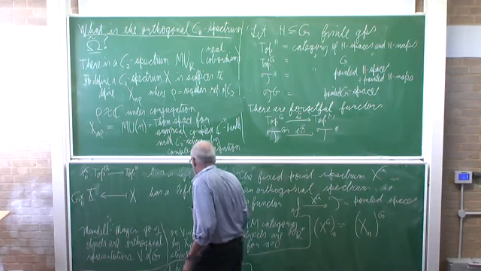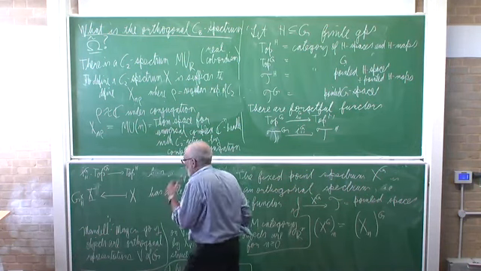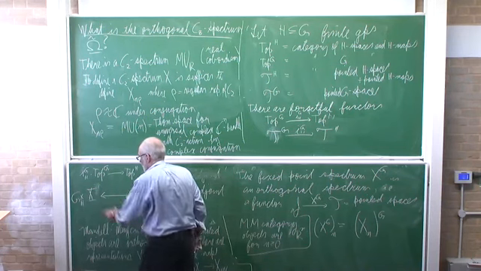Now, the forgetful functor also has a right adjoint. Oh, now, let me see. Let me make some remark about this.